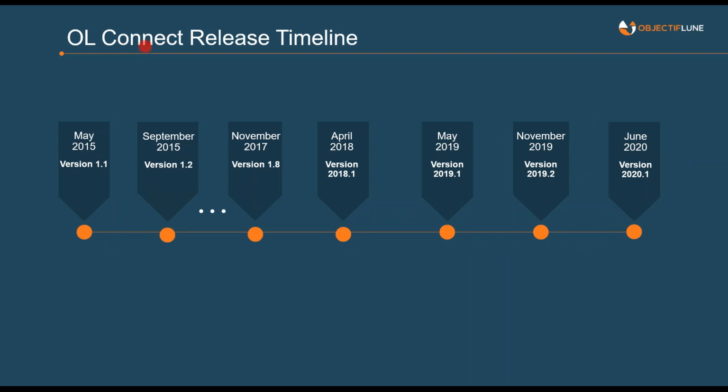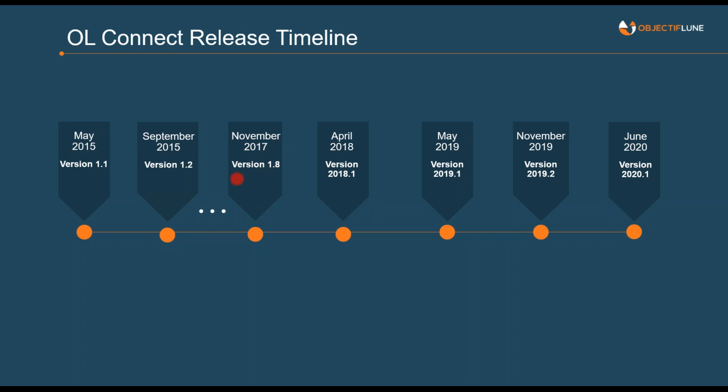Okay, let's take a look at the All Connect release timeline. We launched the first Connect in 2015. So 5 years already, people. 5 years already since we created All Connect. So since then, we release two big versions every year. In 2015, we released the version 1.1 and the version 1.2.